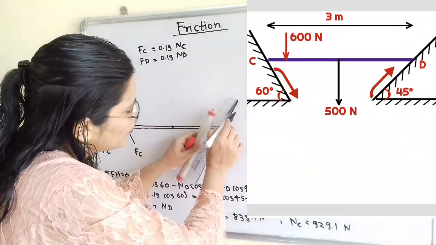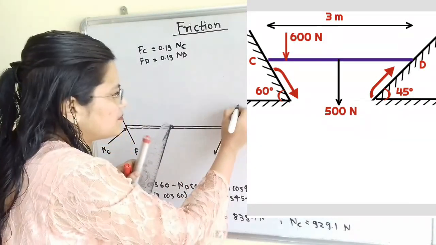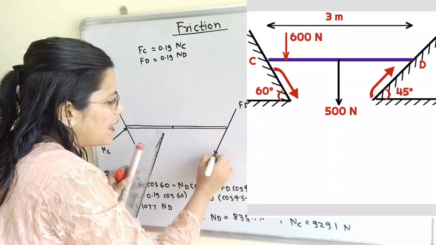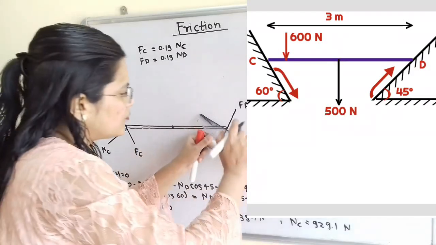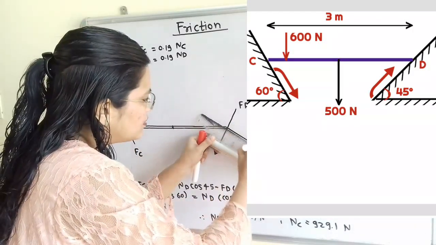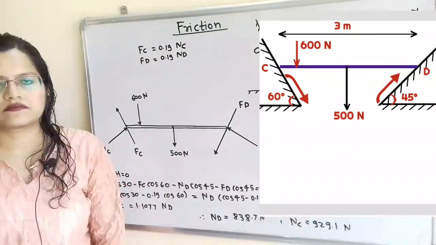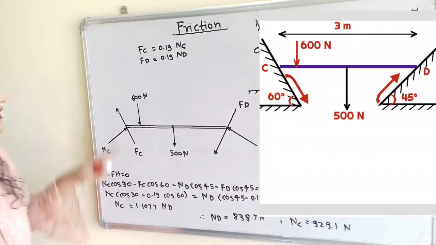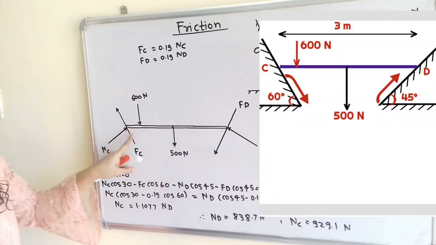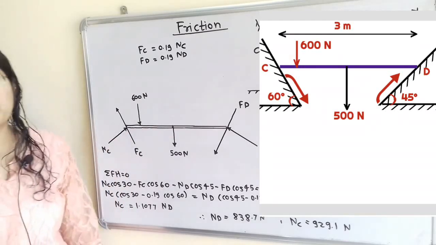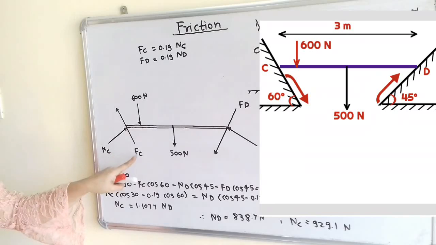This frictional force will be Fd, and the normal reaction will be perpendicular to the inclined surface, known as Nd. We show the 600 Newton force closer to point C and the 500 Newton force at the middle point of the bar CD.